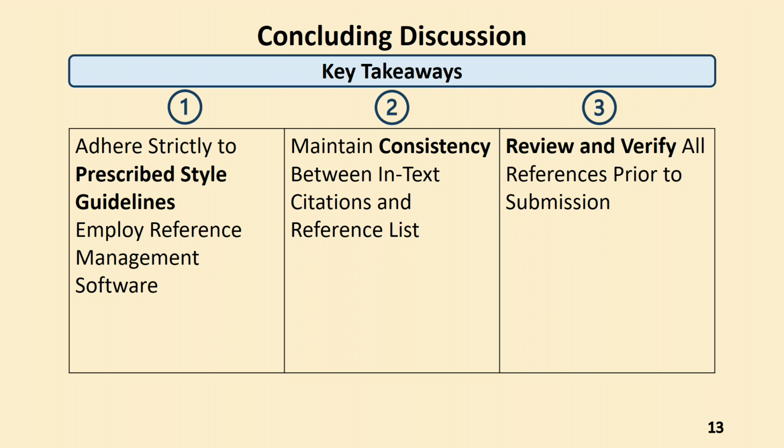And third and last is review and verify all references prior to submission, because there can be human error, software-based error, or any other technical error. So the moment you prepare your research proposal and form your reference list, look at it twice and check it against the criteria over which you have defined and designed your referencing.